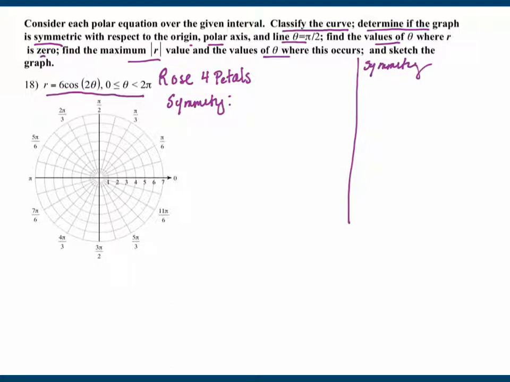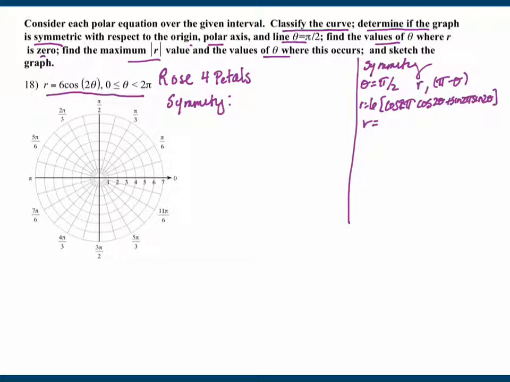The first thing I'm going to check is is it symmetric to theta equals pi over 2. And it's a cosine, so if I put in negative r, negative theta, it won't work, but I have to check the b part, which is r, pi minus theta. So when I do that, I get r equals 6 cosine of (2 pi minus 2 theta), which is cosine 2 pi cosine 2 theta plus sine 2 pi sine 2 theta, which I know is 0.